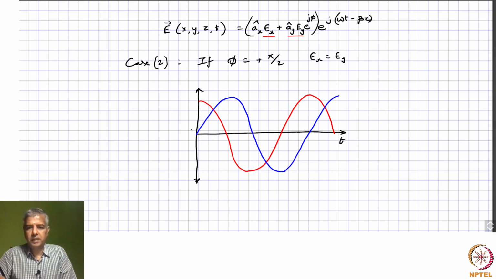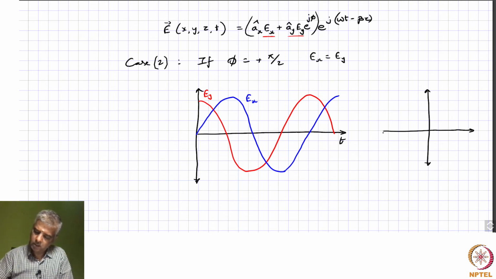In that case, it would have started with a maximum of Ex, and then it would have gone to a maximum of Ey, right?